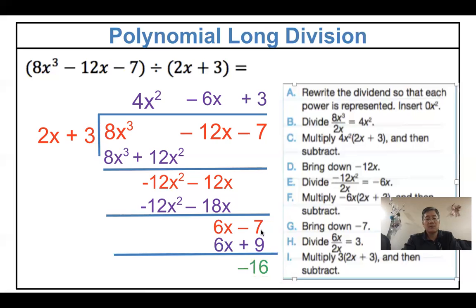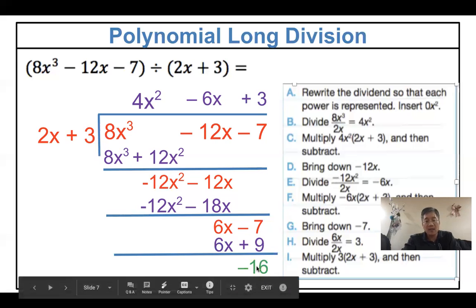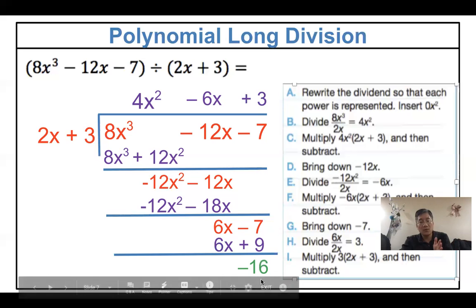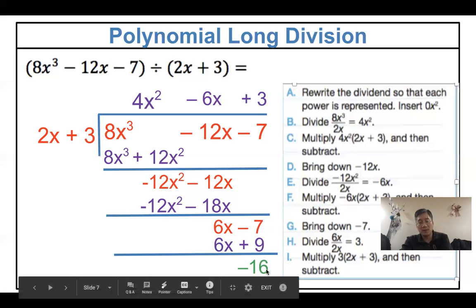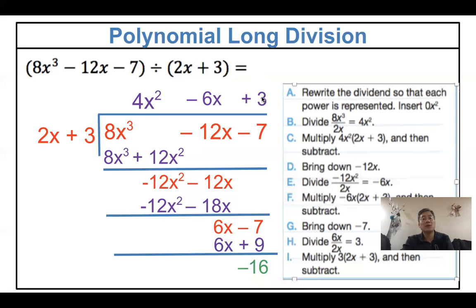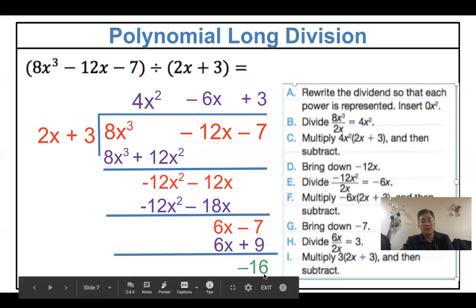So negative 7 minus 9 is negative 16. Then we are done. There's no more x, right? Then you cannot divide anymore. You don't need to go further. You stop here when you have only a number. So your quotient is 4x squared minus 6x plus 3, and the remainder is negative 16.